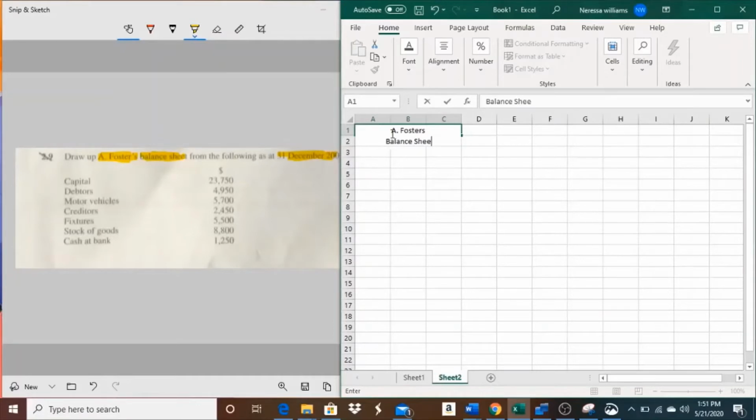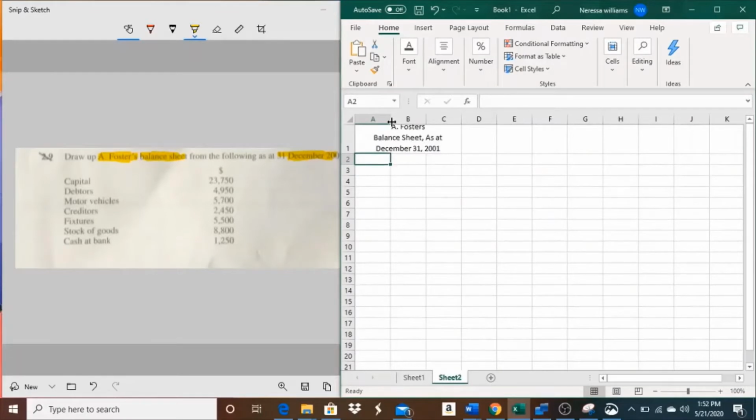These are really important. Never create a balance sheet or a financial statement without doing the heading. And for a balance sheet, we have as at year-end close, which is December 31st, 2001. Let me just bring this down a bit.